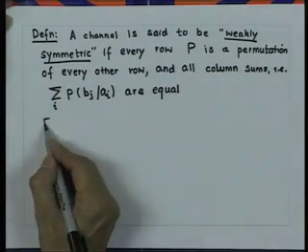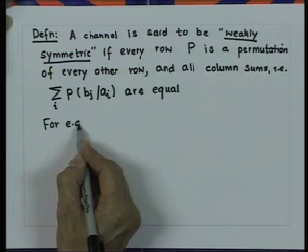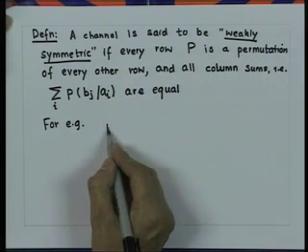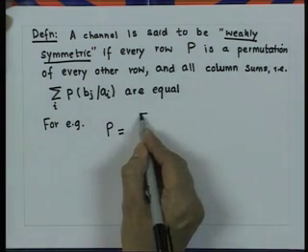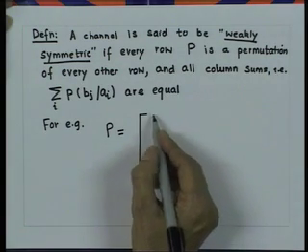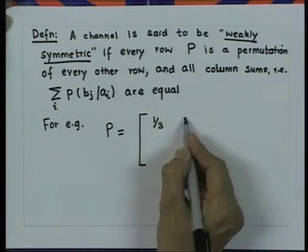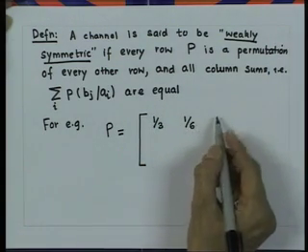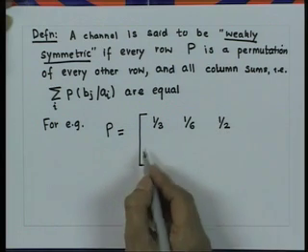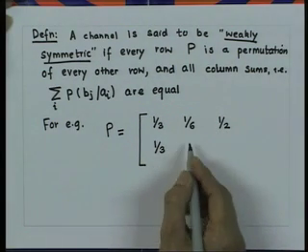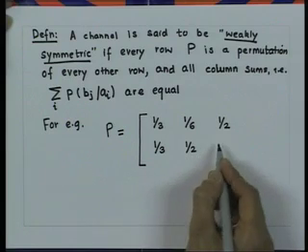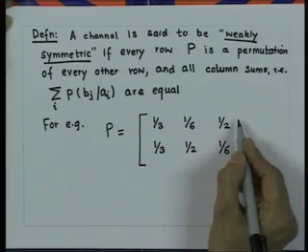For example, a channel with a channel matrix given by 1/3, 1/6, 1/2; 1/3, 1/2, 1/6.